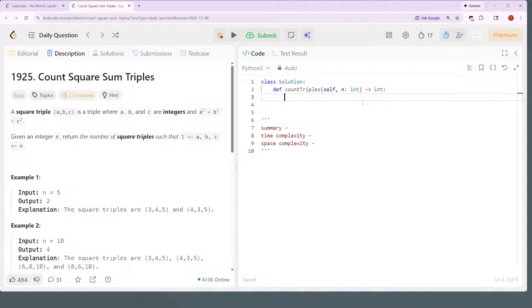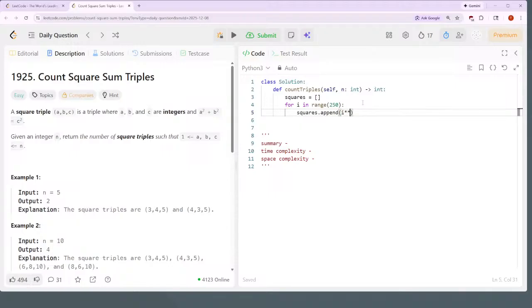So the first thing that comes to mind would be to get all the squares and check if the sum of two squares is equal to another square. So I'll say squares is going to be an array, for i in range of 250, squares append i times i.